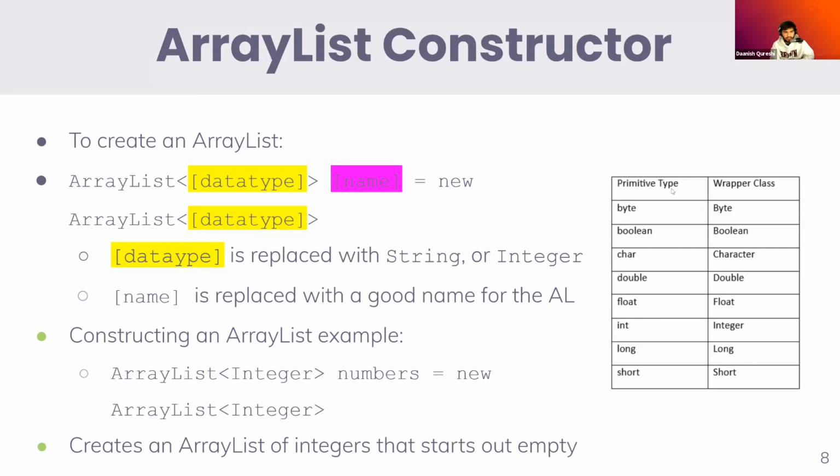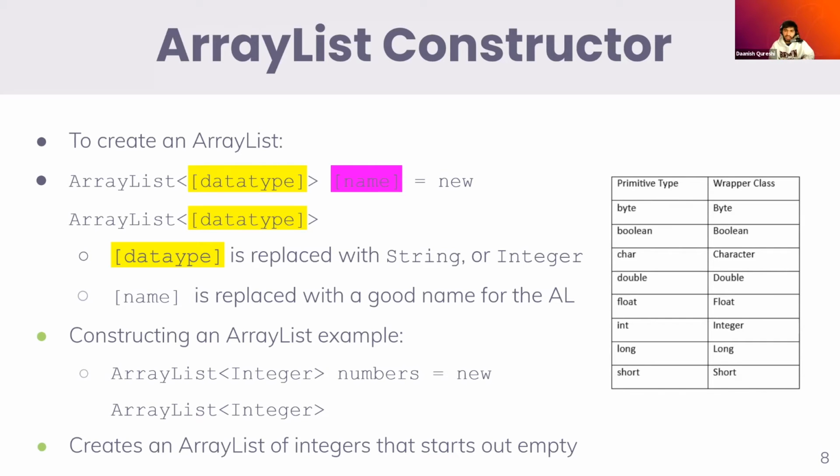So I put up a little chart here where we see, byte goes to capital B Byte, boolean goes to capital B Boolean, char goes to capital C Character, etc. So when you go to construct your own array lists, you can reference this, and you'll get the hang of it soon enough. But it's a little bit confusing sometimes to go from using primitive data types to using the wrapper class.